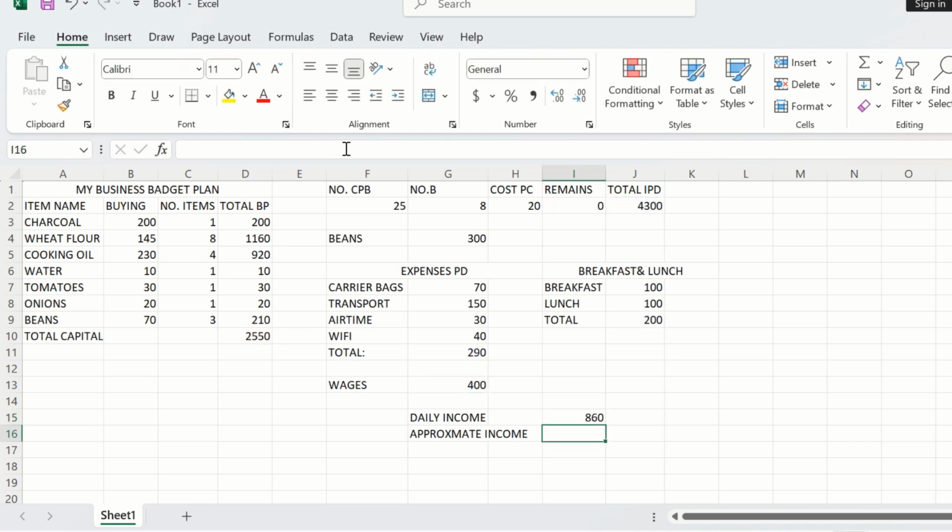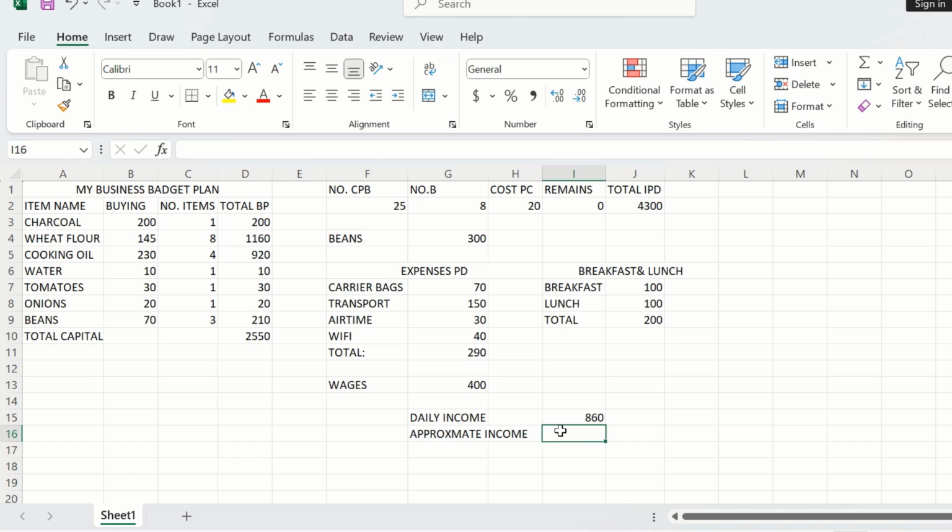Right? So your daily income will be 860 per day, assuming there are no other expenses that have been involved.